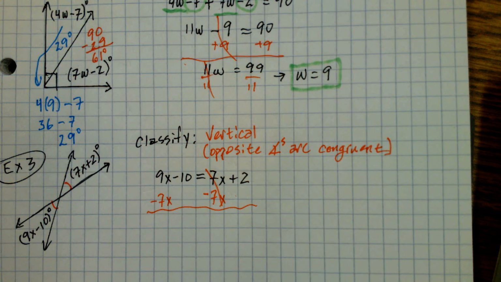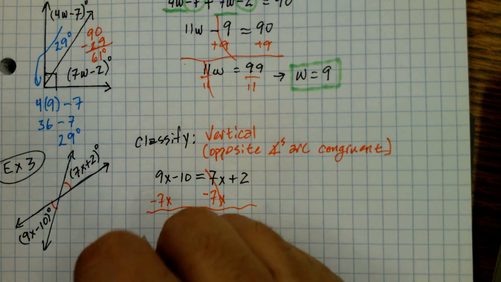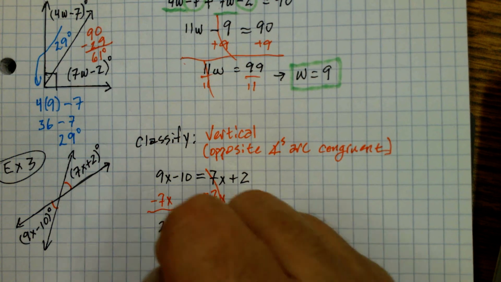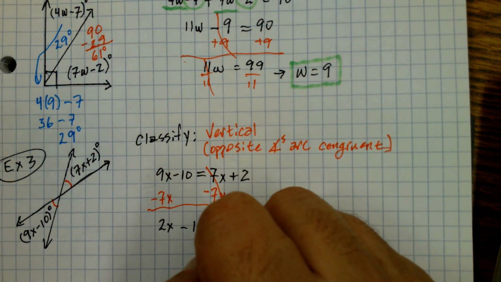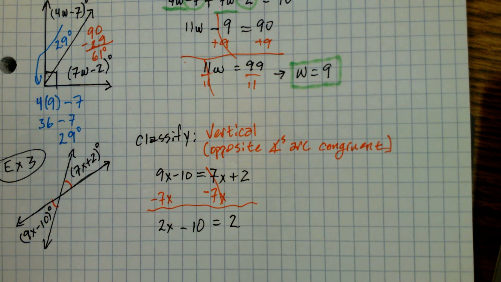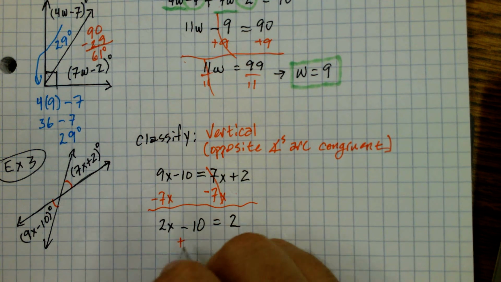Okay. And then 9x minus 7x minus 10 here. Bring down the equal sign, bring down the 2. Okay. And let's solve the two-step equation.